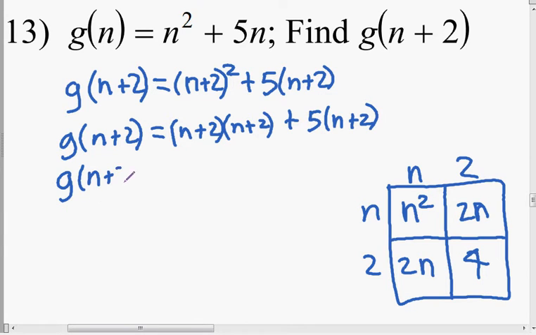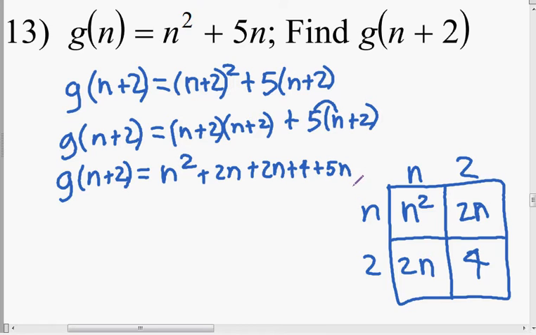G of n plus 2 equals n squared plus 2n plus 2n plus 4. And when I do this, 5 times n, I say plus 5n, and 5 times 2, plus 10.